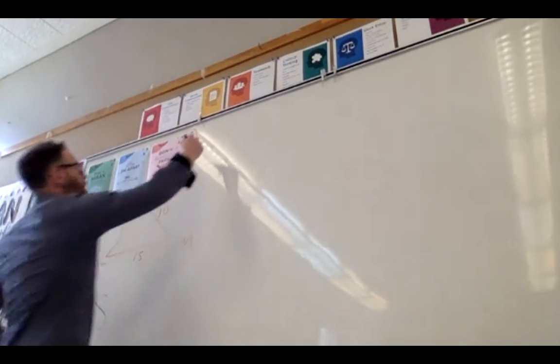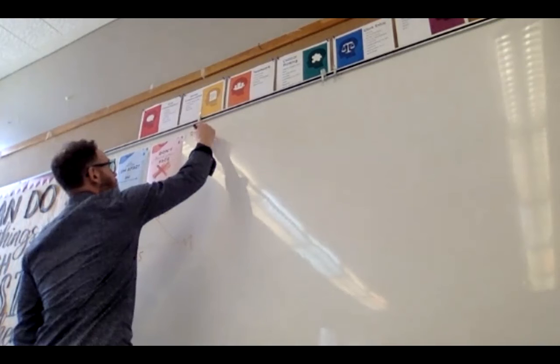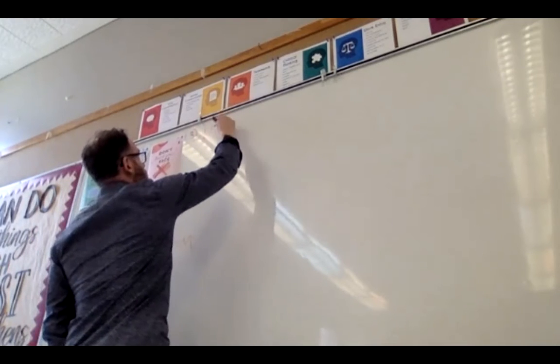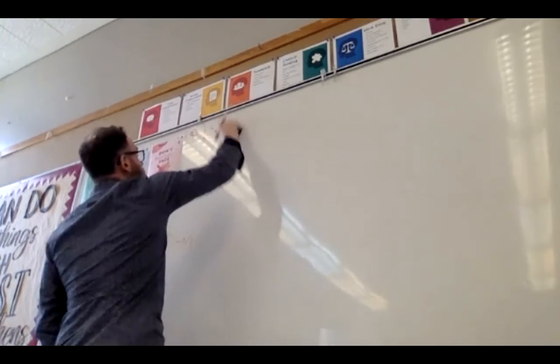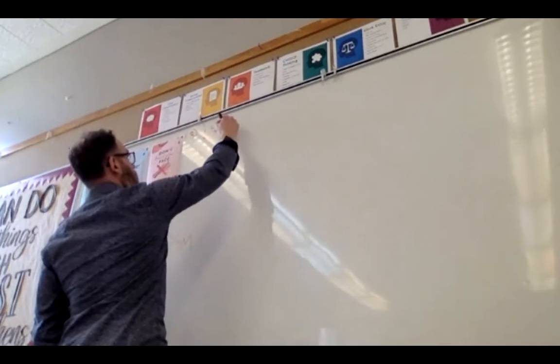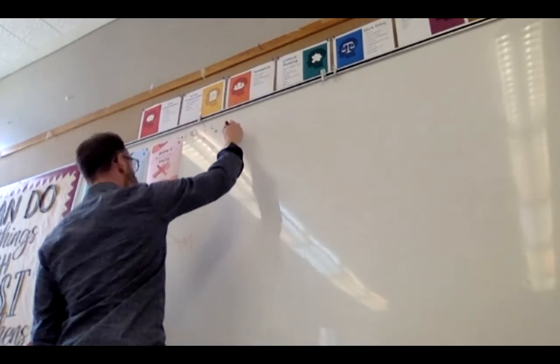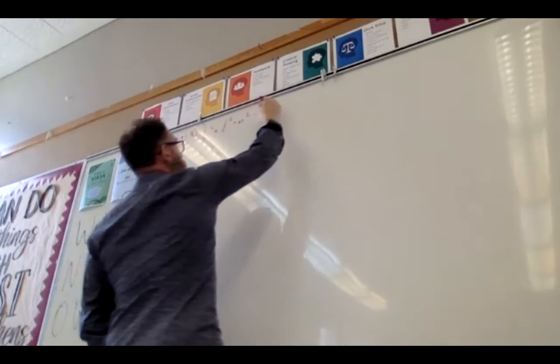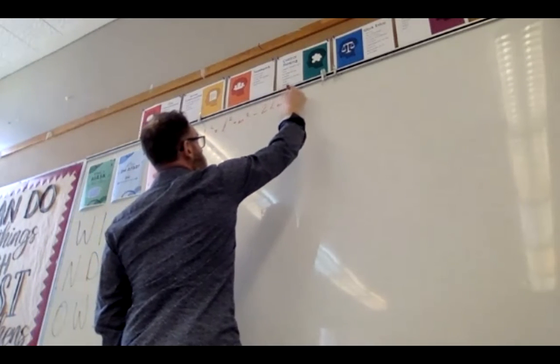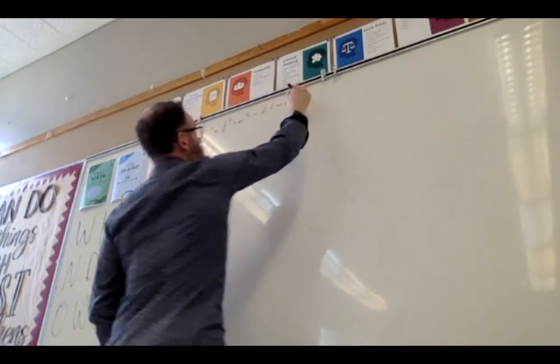So we use that to start. B squared equals L squared plus M squared minus 2LM cos of B.